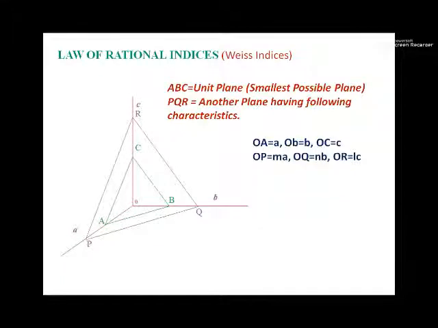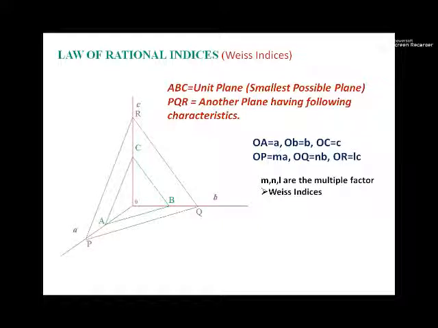Say OP is equal to some m times A, OQ is some n times B, and OR is some L times C. So you can say here that this plane is nothing but the expansion of this ABC plane by a fractional amount, mA along the x-axis, nB along the y-axis, or LC along the z-axis. Right? There is no problem with this proposition.